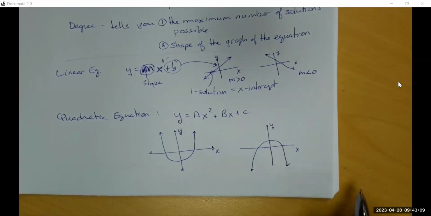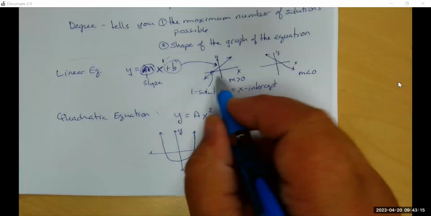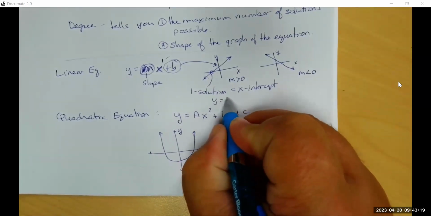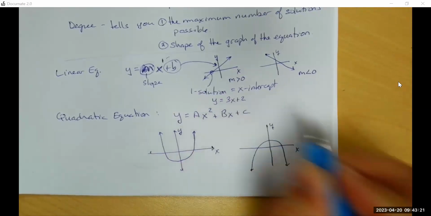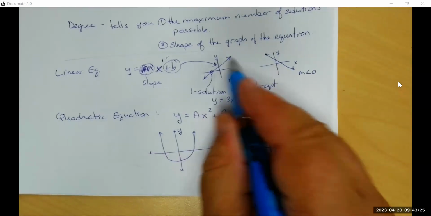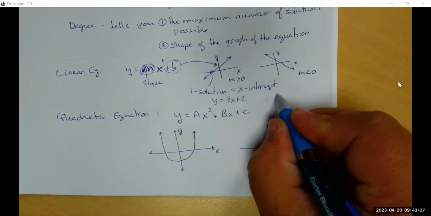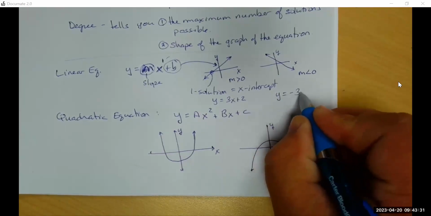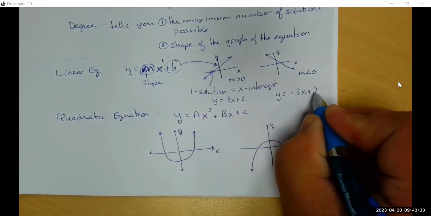That's on a linear equation. So the equation of this one could look something like this: y equals 3x plus 2. The other one could be negative 3x plus 2.